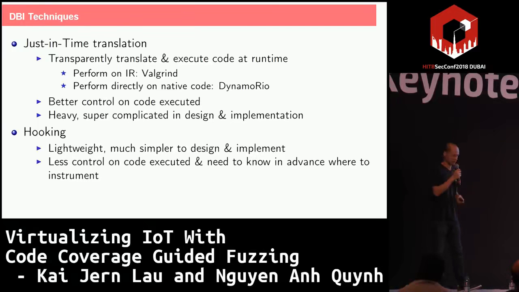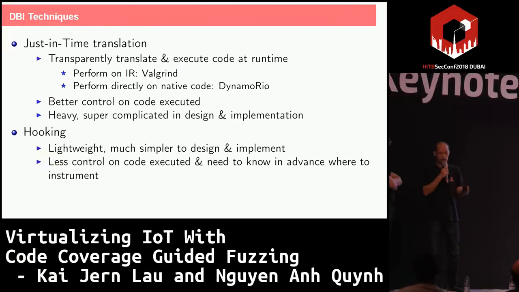Okay, so there are a few types of DBI techniques. The first one is called JIT, just-in-time translation, which is used by well-known DBIs like Valgrind, DynamoRIO, or Pin. Those DBIs use very complicated techniques: they translate the program at runtime, and instead of running the original code, they translate the code into another buffer and run the program from the buffer.